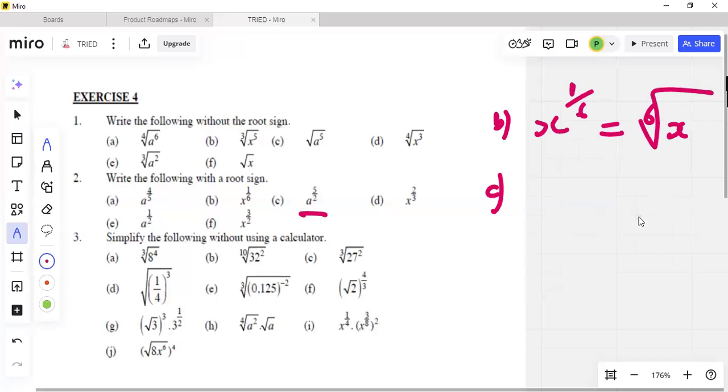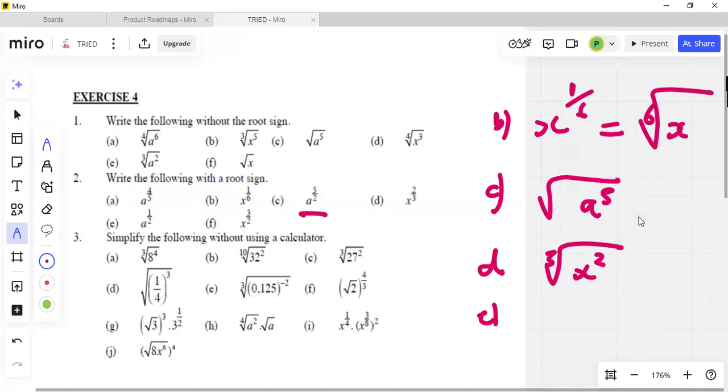The same applies with c, the square root of a exponent of 5. So it's clearer now. The denominator is the root sign, the numerator is the power. That's basically what you are to do. The same applies with d. It becomes the cube root of. The same applies with e, it becomes the square root of a.